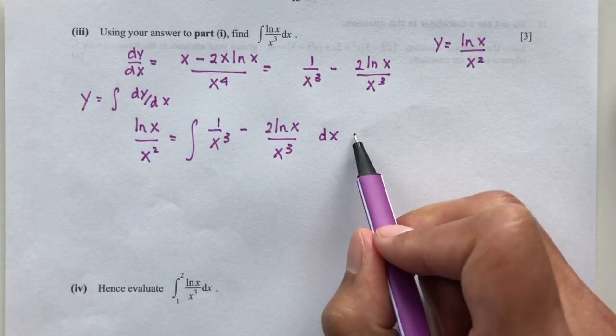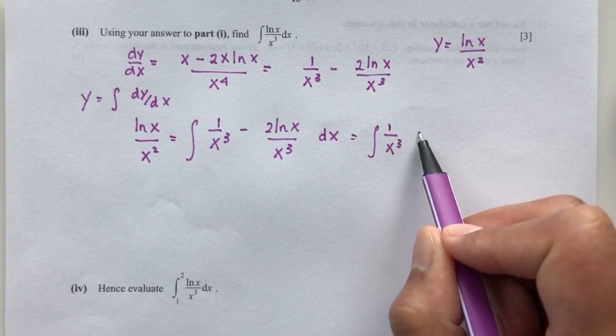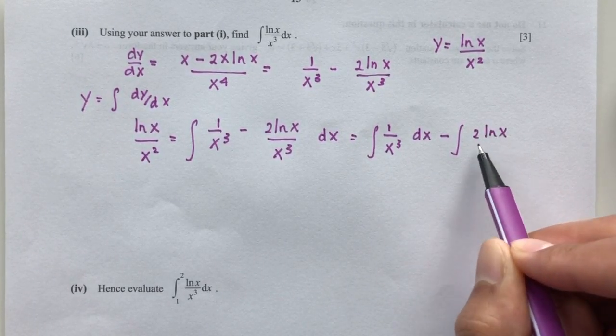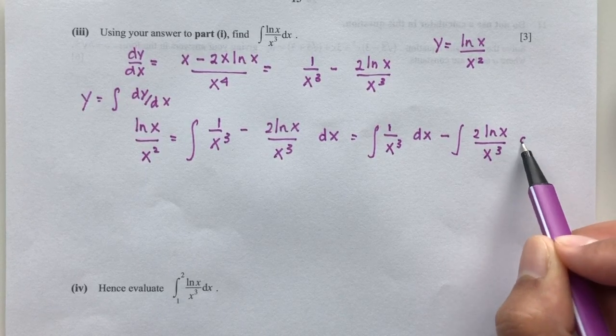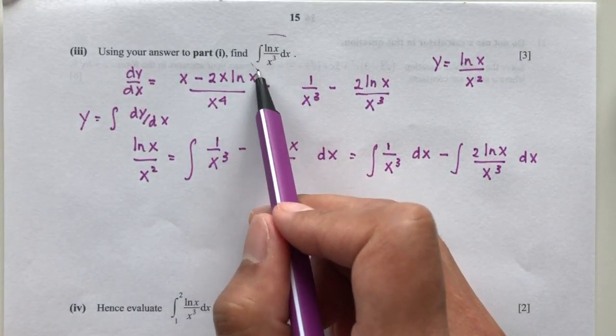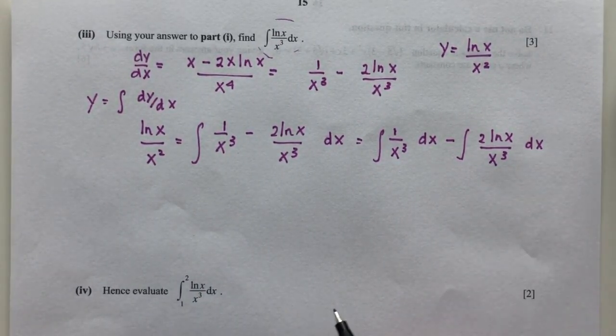Now we can simplify. That becomes the integration of 1 over x cubed dx minus the integration of 2 ln x over x power 3 dx. So now as you observe, we have this term here, we have this, and this looks almost the same. So we have to make this the subject of the formula.